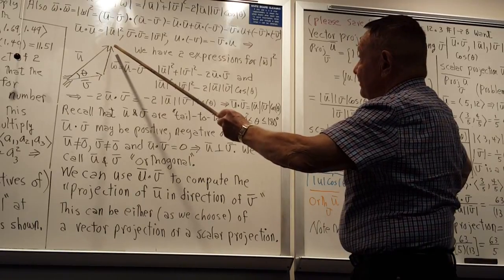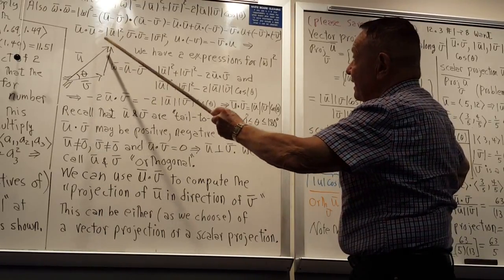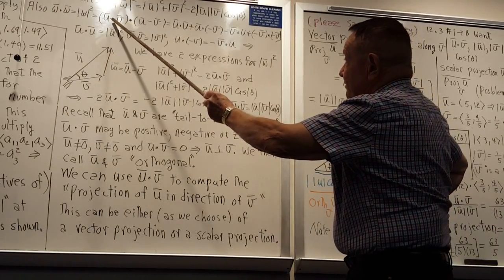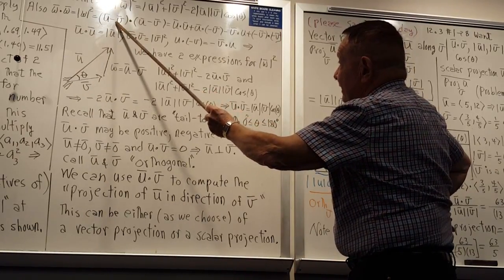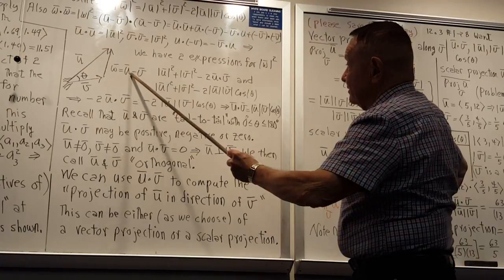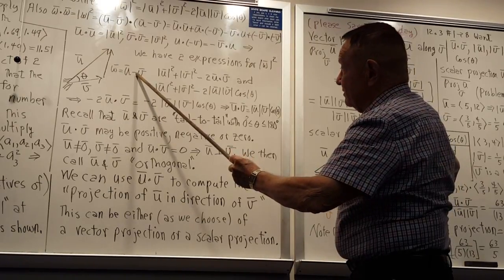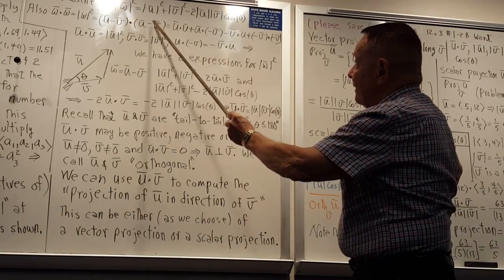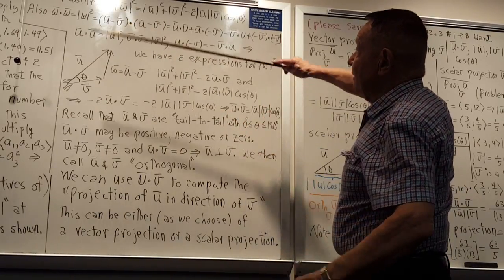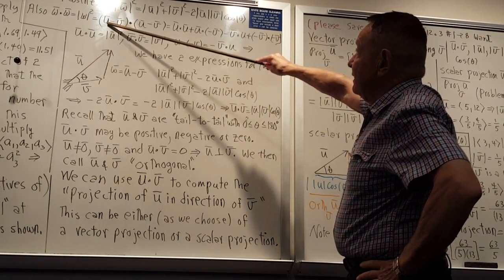So the squared length of this side is also U minus V, which is W expressed in terms of U and V, dotted with itself, and then you work out what this would be.